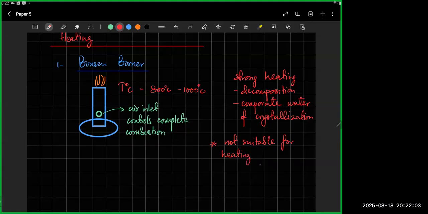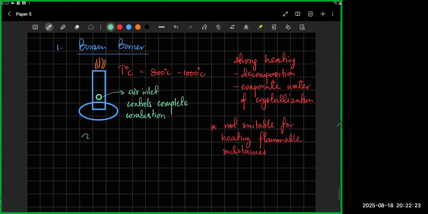So not suitable for heating flammable substances. तो वो नहीं करना.